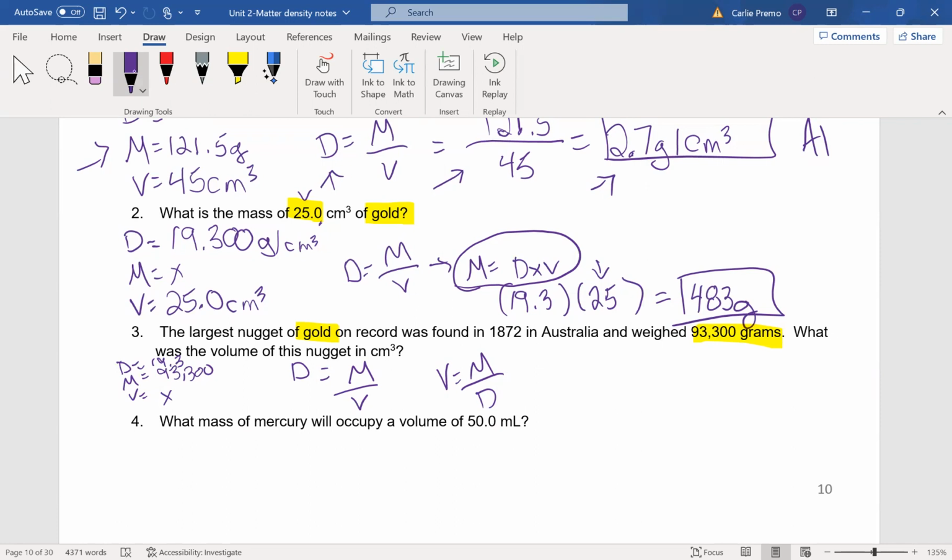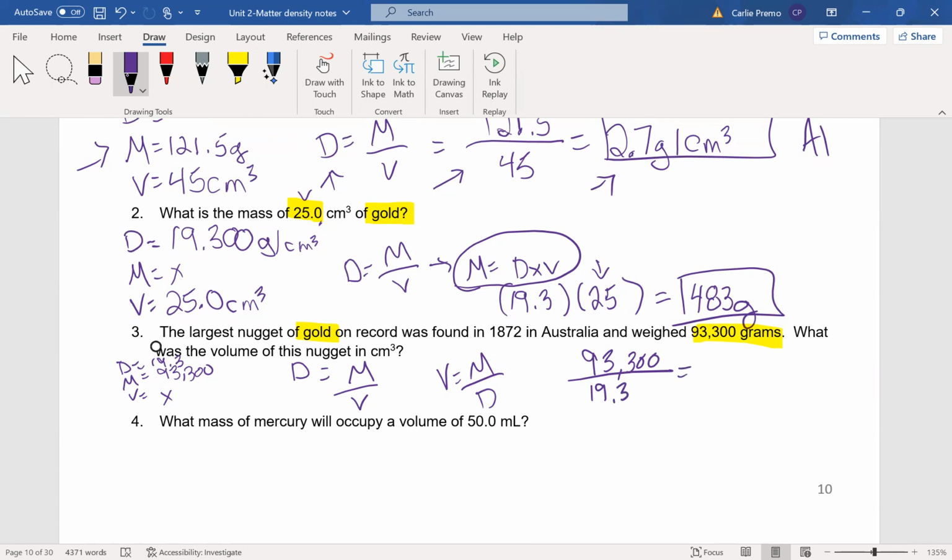All right, lastly, we'll plug it in. 19, not 19 on top. We're going to do 93,300 grams divided by 19.3. This has 3 sig figs. The density had more, but we'll go with the lowest.